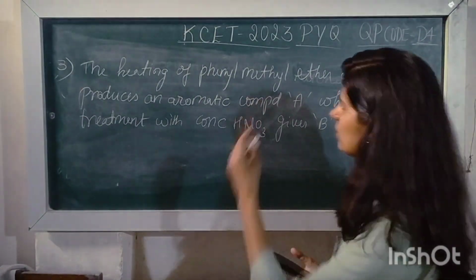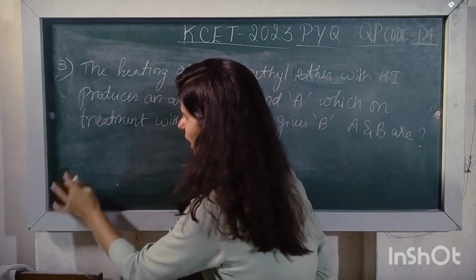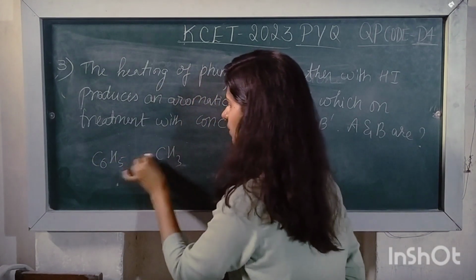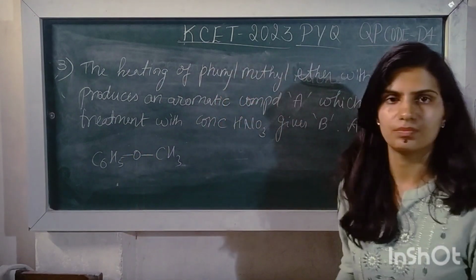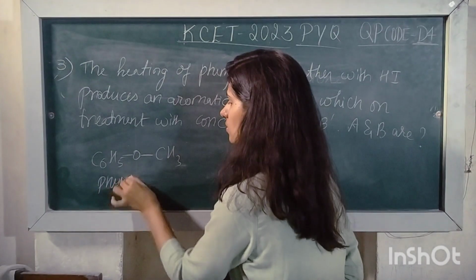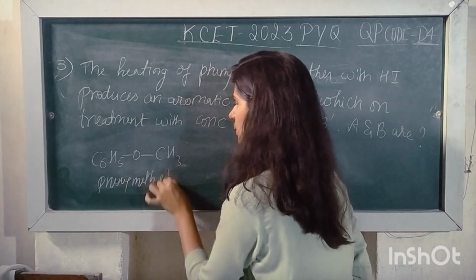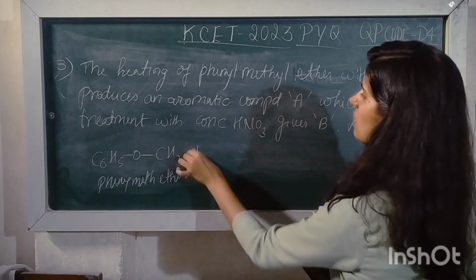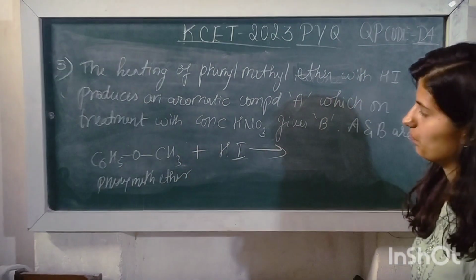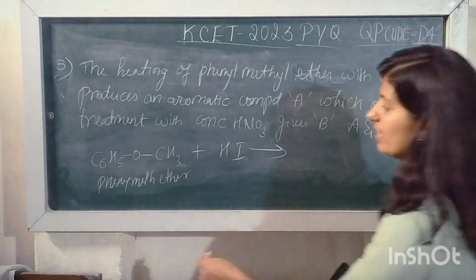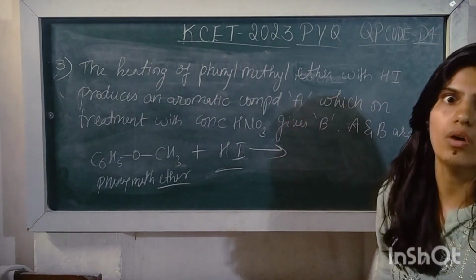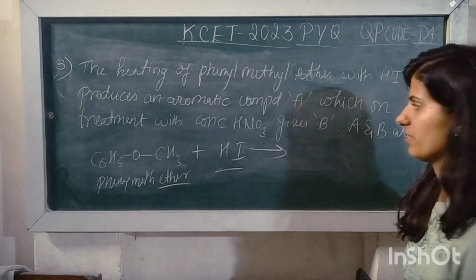What is phenyl methyl ether? Phenyl is C6H5, methyl is CH3, and ether has an O here. This is phenyl methyl ether, which on treatment with hydrogen iodide, undergoes a substitution reaction.